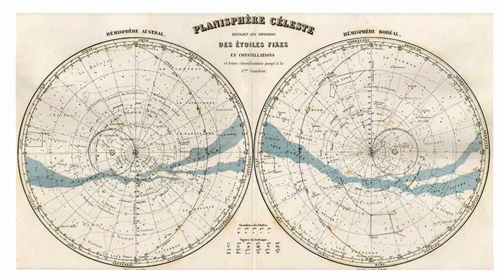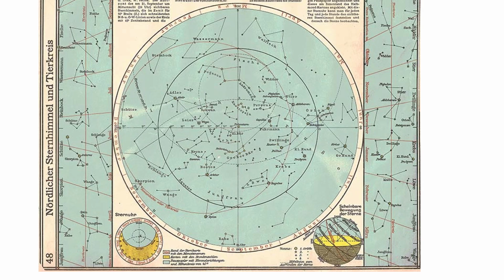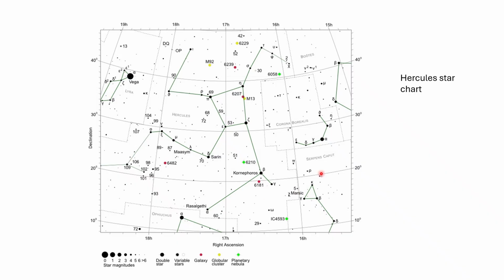They are printable maps you can download. Here you can see the right ascension and the declination for the star Hercules.